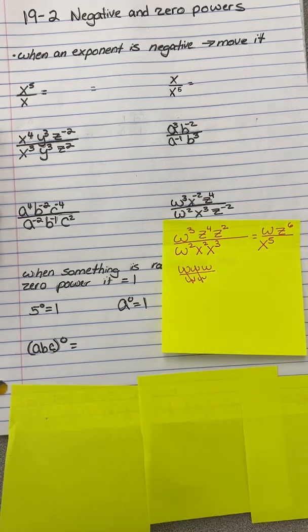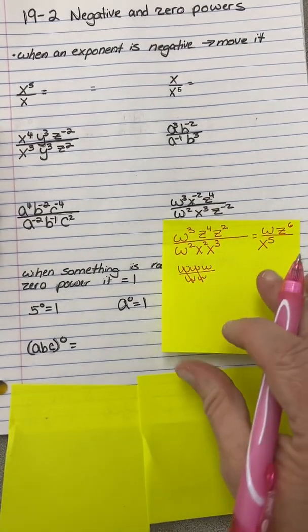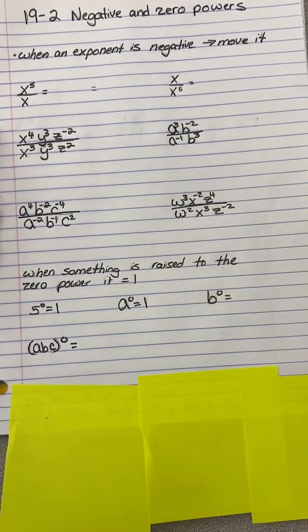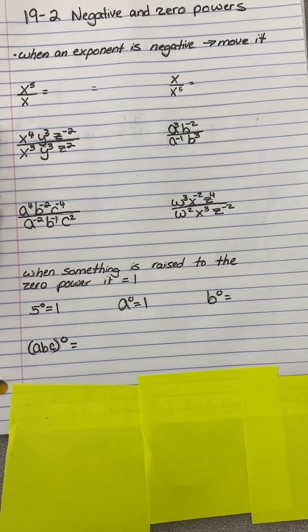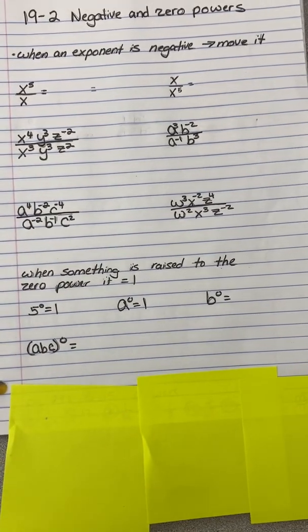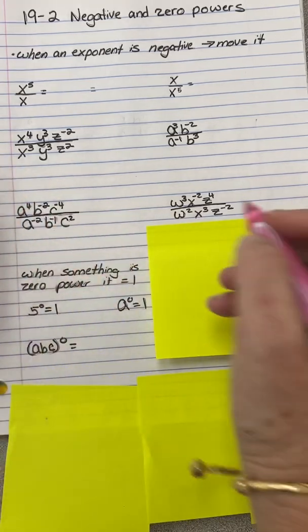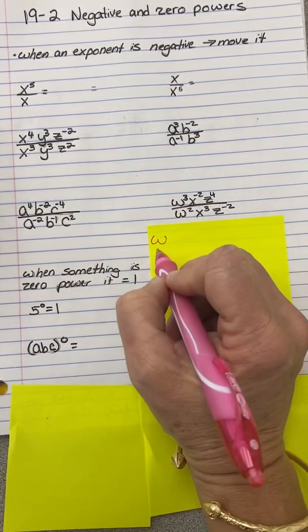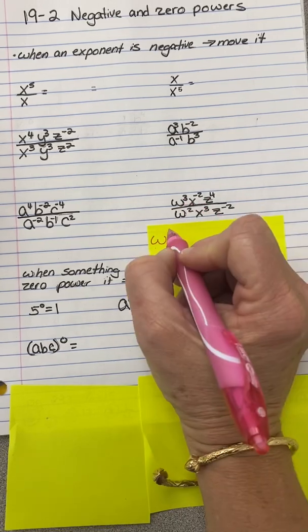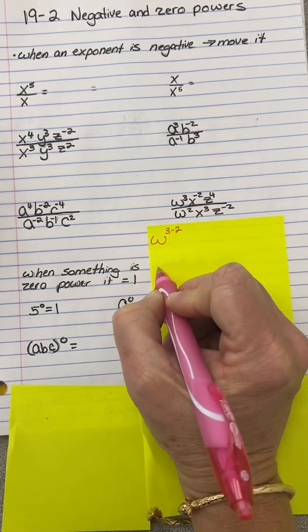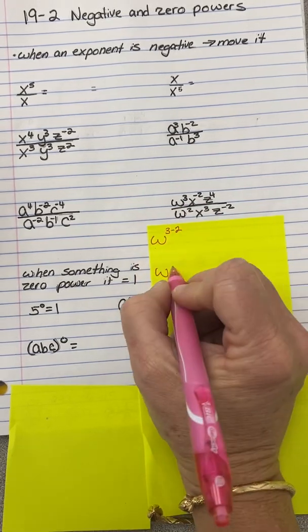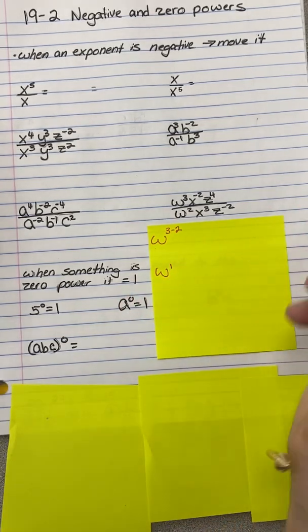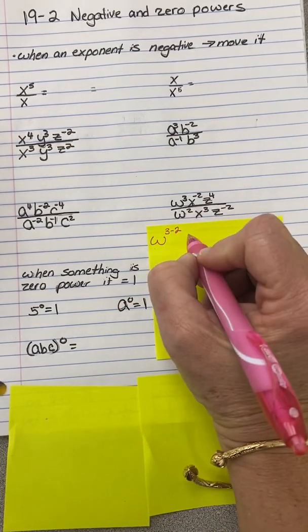And if you did it the other way, I'm going to go ahead and show you. If you did it the other way, but you're getting a little mixed up, what you're doing here is saying W, and this is all going to be in the numerator spot at first. 3 minus 2, so you're going to have W to the first power. And then you're putting your x's.